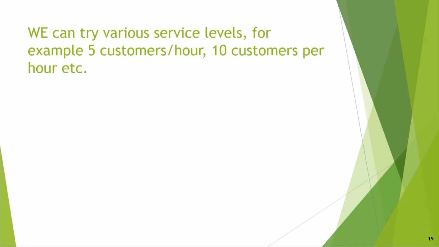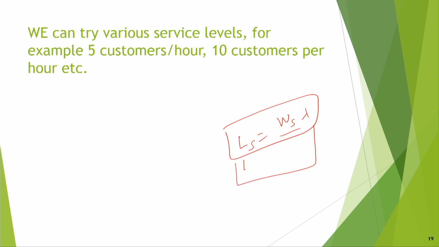Although queuing theory is a very wide topic, we have taken simple cases, and the important thing is that Little's formula is very important: Ls is equal to Ws into lambda, and Lq is equal to Wq into lambda.